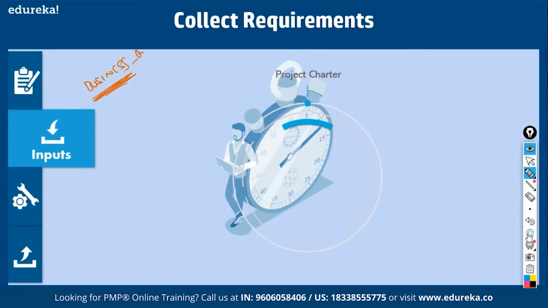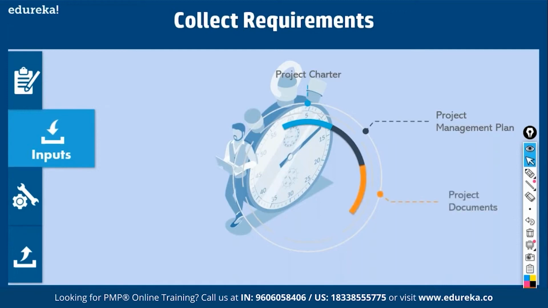Okay, so the basic input for this is the project charter again, that gives you high level requirements for the product, fine. Then project management plan. Why is the project management plan once again an input? Okay, because the project management plan is a combination of multiple plans, so that will provide you guidance on collecting requirements. Okay, then what else? We have project documents. What are project documents? See, there are two things in a project, fine.